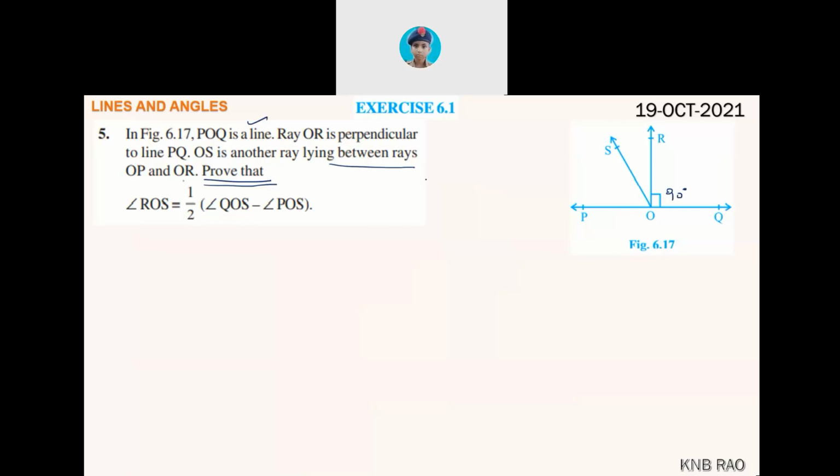Sir, if angle ROQ is 90 degrees, then angle POR will also be 90 degrees, sir. Okay. Let me name this as A, this as B. Now, you know A plus B is 90 degrees. That is what you mentioned.